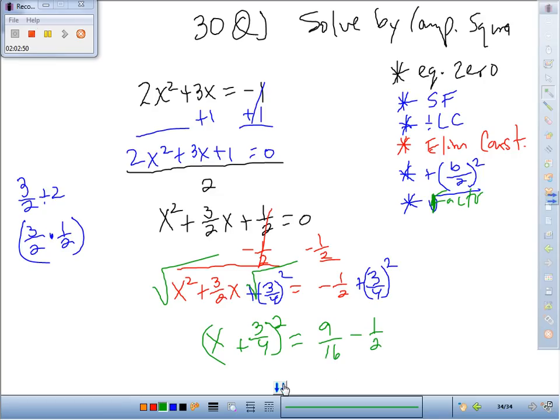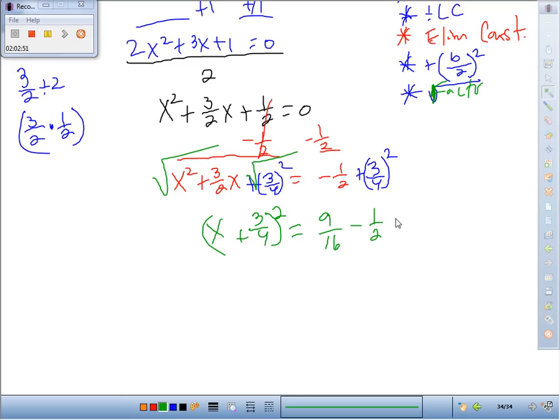16. Take away 1/2. So before I continue, let's subtract these two fractions. Can we make this one into 16? Times 8, times 8, so this becomes 8 over 16. So what is 9 minus 8? 1 over 16.